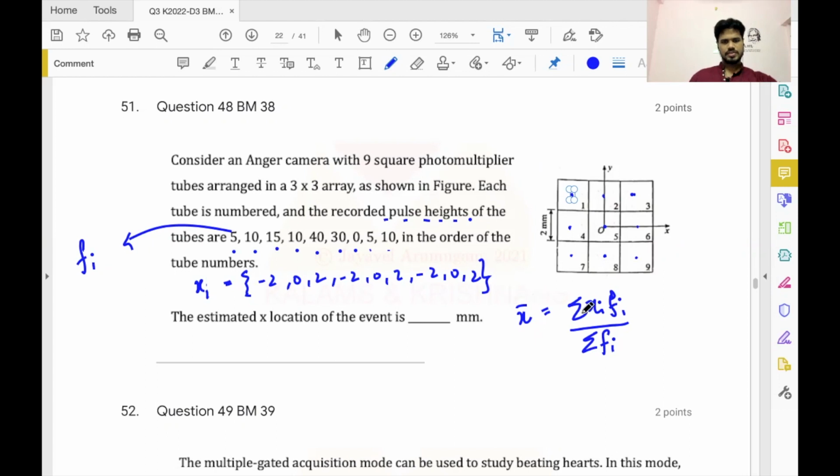Quickly, if we calculate this, what do we get? Always remember one more terminology: sigma Fi is known as the Z pulse. The sum of all this should be 125, and Xi Fi divided by this gives X bar.